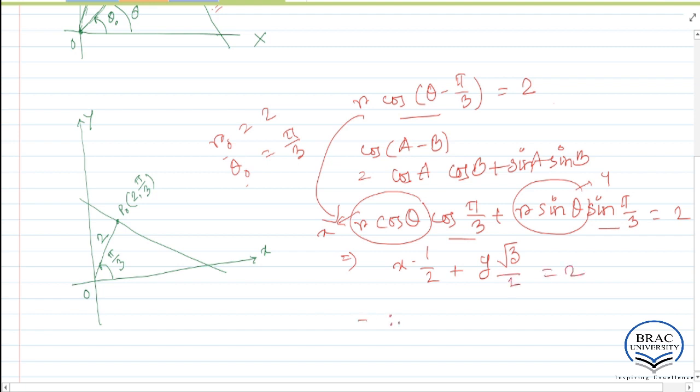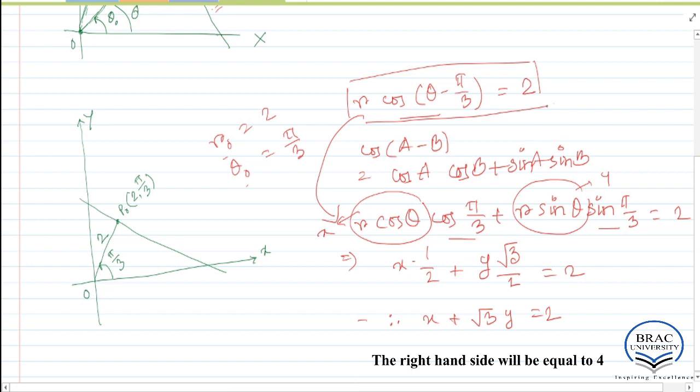Finally we will get the equation in Cartesian coordinates, which is x plus square root of 3 into y equals 2. So this is our equation of the line in Cartesian coordinates for the given line in polar coordinates.